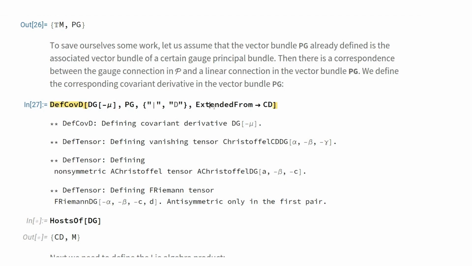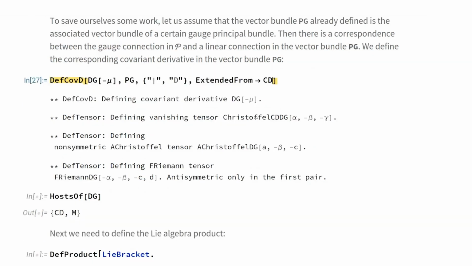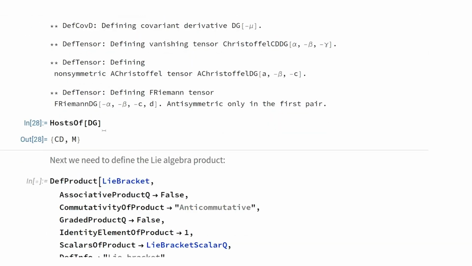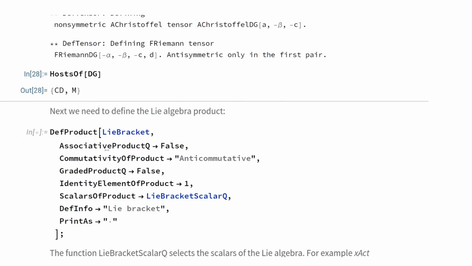In this case, it has to be a covariant derivative that, when acting on space-time tensors, coincides with the usual Levi-Civita covariant derivative that we define along with the metric. This is basically what this command tells us.